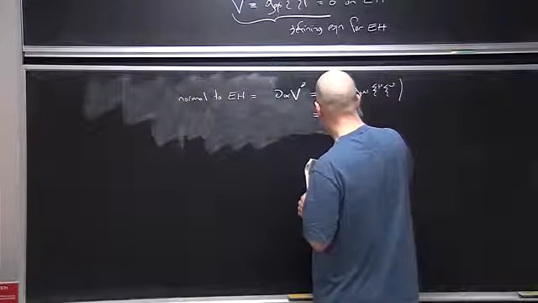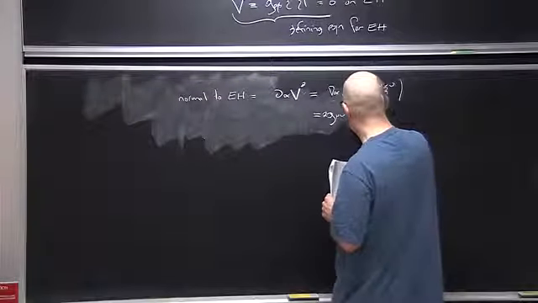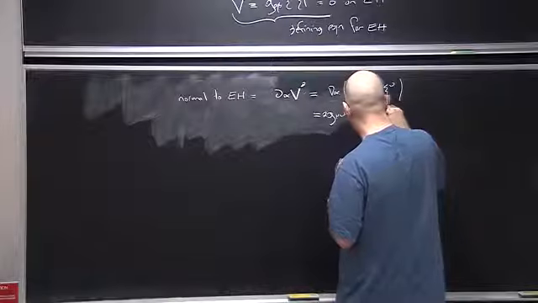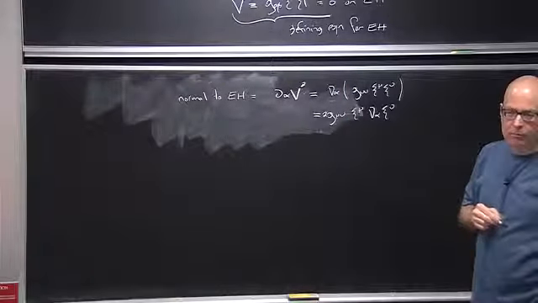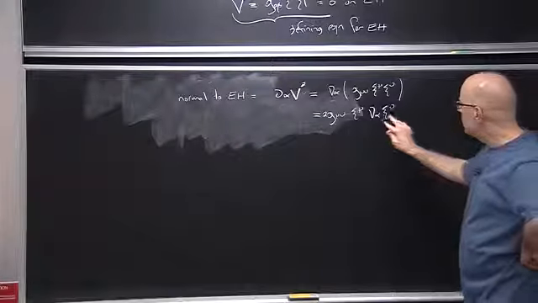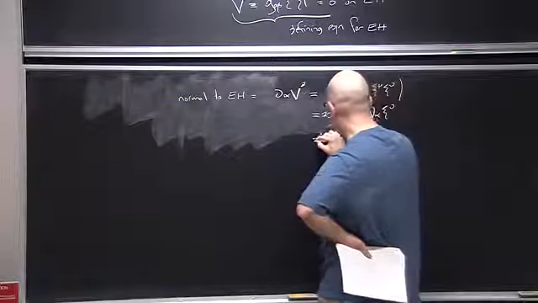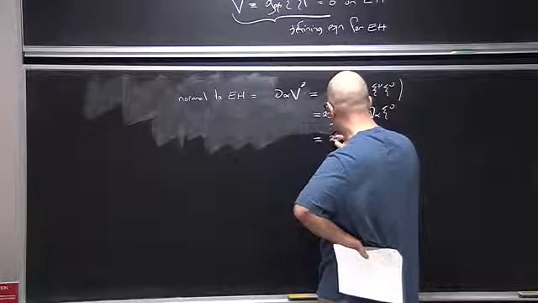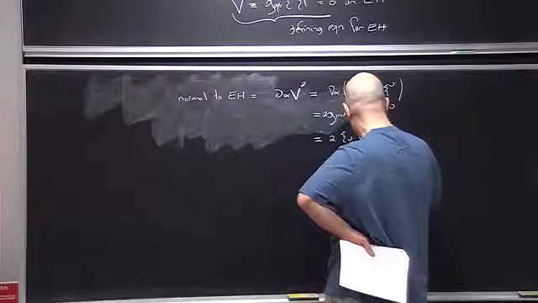So if I do the calculation, I get twice the metric times the Killing vector times the gradient of the Killing vector. This being a Killing vector, I can just rewrite this as twice xi nu grad alpha xi nu.